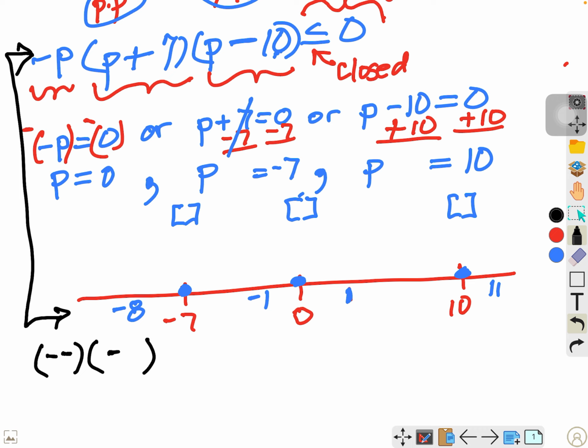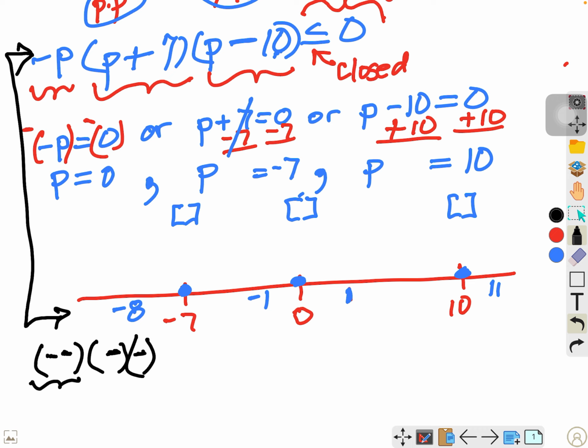That's going to be a negative result. And in the last quantity, -8 minus 10, that's a negative quantity. So 1, 2, 3, 4, we have an even number of negatives being multiplied together. That's going to be a positive.